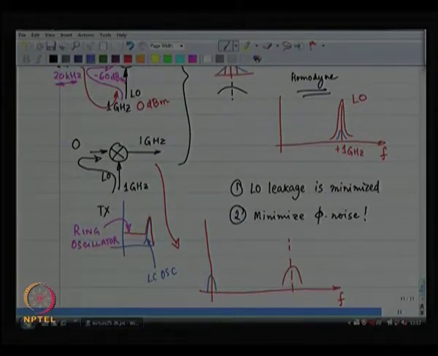However, if you have made a ring oscillator, then the LO will have a significant component at DC. There is going to be noise at DC, phase noise at DC, which is going to become a significant problem as far as your transmit path is concerned.